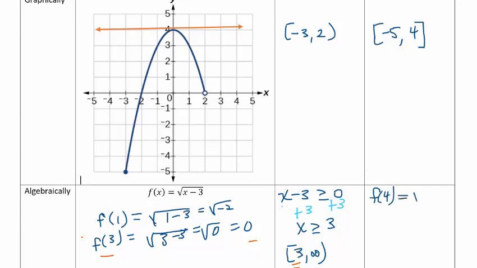So f(4) is equal to the square root of 4 - 3, or the square root of 1, which is just 1. And we can continue in this manner and see that as x increases, so does y. And therefore, the range is [0, ∞).